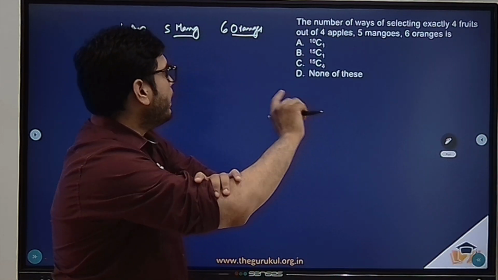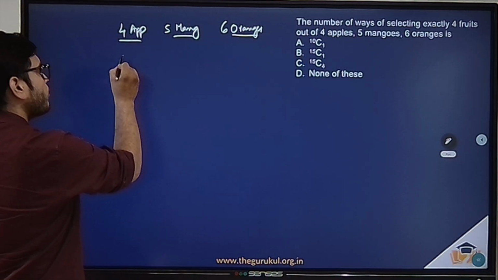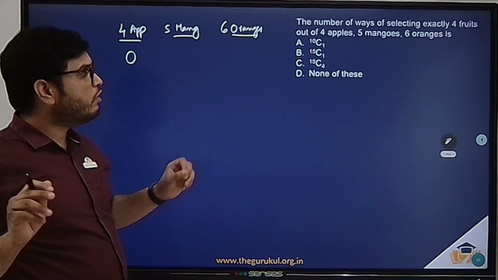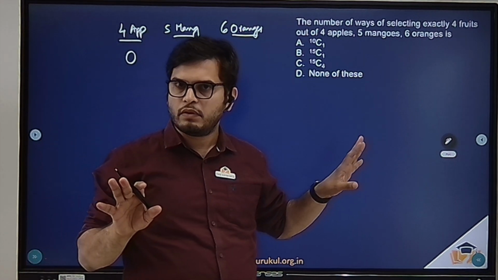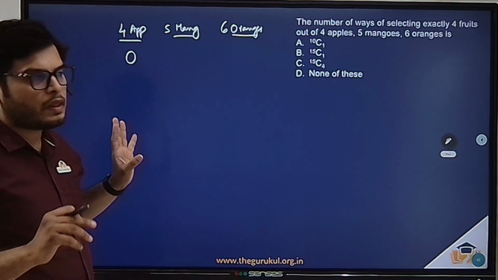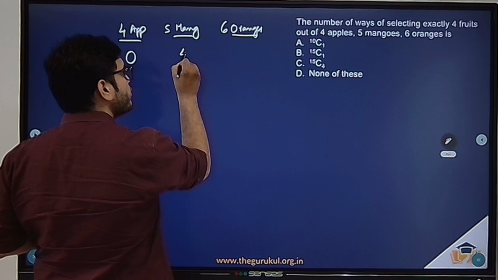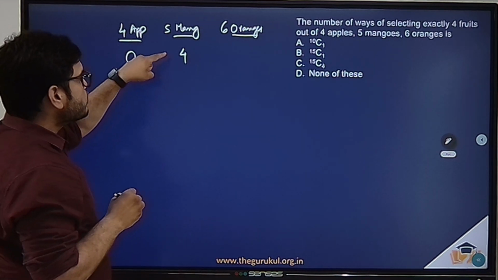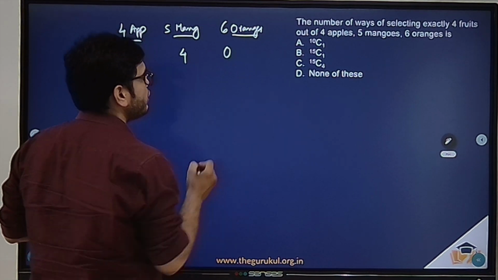Right. Now, let's start with the case where among those 4 fruits there are no apples, that is 0. So all those 4 should be either mangoes or oranges. One possibility is all of them being mangoes. So if all 4 are mangoes, you have 0 oranges.